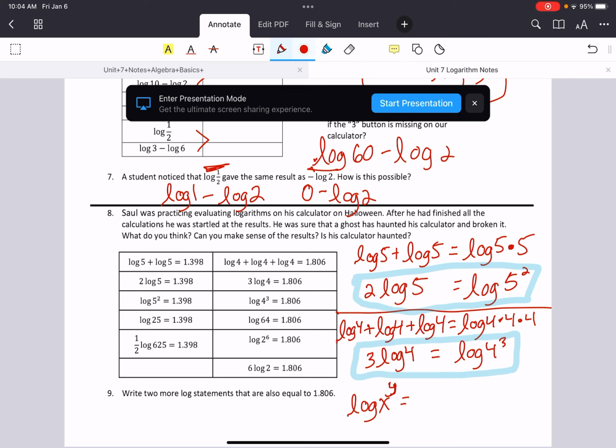Is it 4 log x? Yeah. Because of my poor handwriting, I'm going to take that. That's supposed to be a y, not a 4. But that's my bad because it looks terrible. If that was a 4, that would be perfect. But y log x, just so it's a general rule. Does that make sense? Very good. This one is called our power rule. These are the 3 main log rules we have to get memorized eventually. Power rule. Perfect.